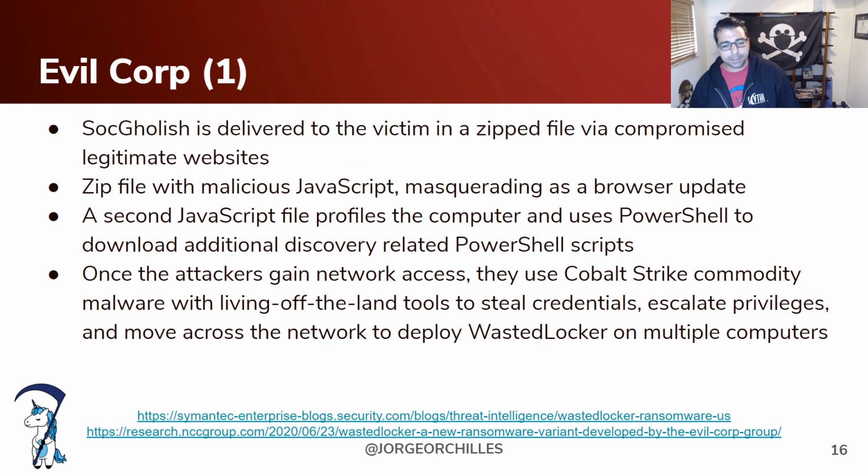Evil Corp, in this particular attack, would first get initial access through drive-by sites. That means they compromised a legitimate website first, and whenever anyone visited this particular website, they would download SocGholish, and that would trigger a number of different actions.